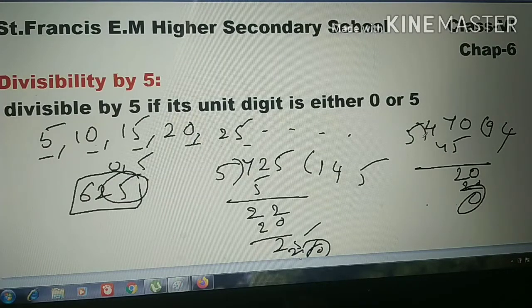So this 470 is also exactly divisible by 5. Why? We are having 0 in the unit digit. Here also we are having 5 in the unit digit. So what is our concept? If you have either 0 or 5 in the unit digit of a number, then that number is exactly divisible by 5. Understood this one?